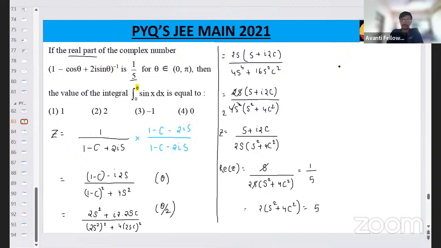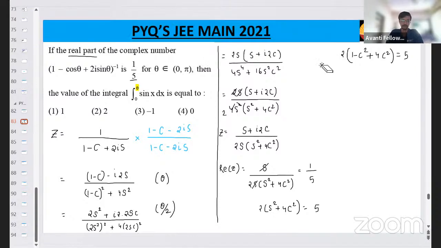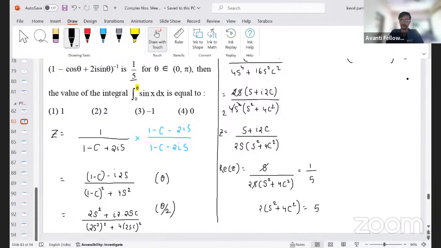After this, we can make it a quadratic in terms of sin or cos, whichever you like. Let's keep it in cos because it will be better simplification. So what we do is 2 into 1 minus cos square plus 4 cos square equals 5.